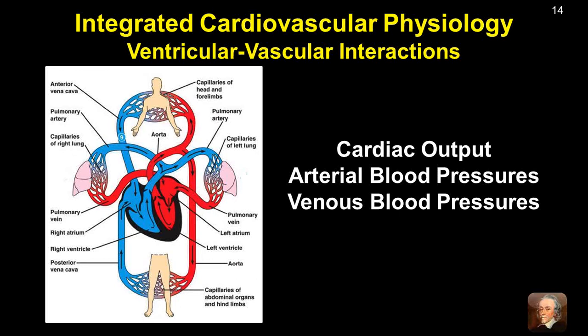I'm not going to have time to go into it today, but there are now relatively simple but thorough ways of dealing with ventricular-vascular interactions that allow one to get an extremely detailed understanding of the determinants of these important parameters, if you understand the basic concepts of preload, afterload, contractility, and lusitropy.